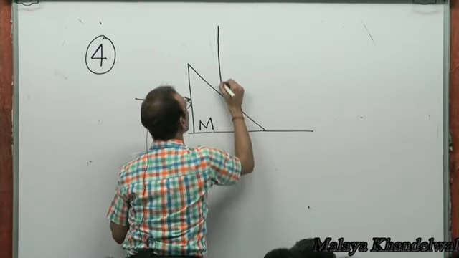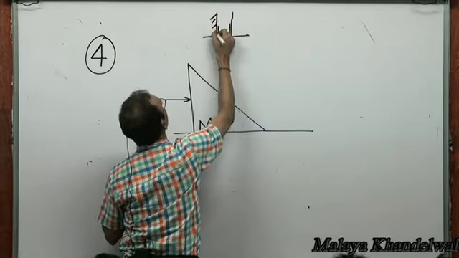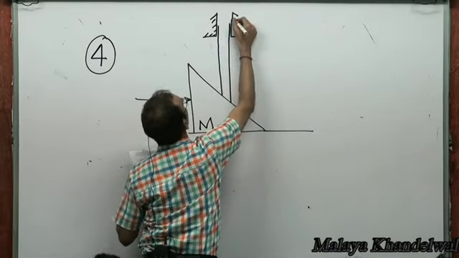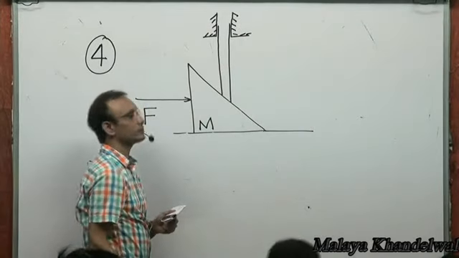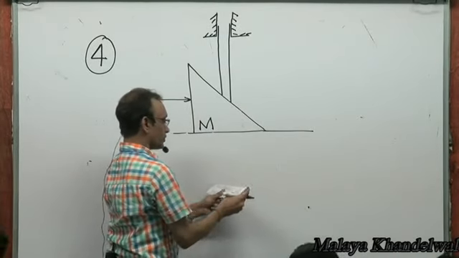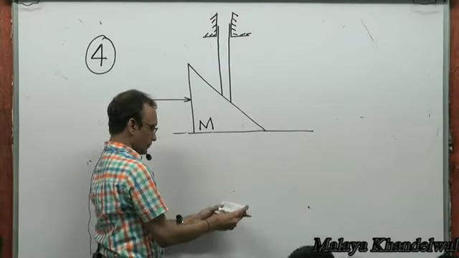It could be in a sleeve which prevents lateral movement of the rod, right? The rod is given to be of mass small m. This is the vertical rod. The angle of inclination of the plane is theta.